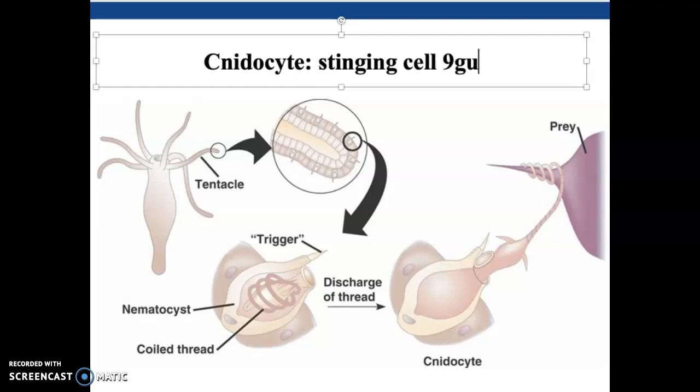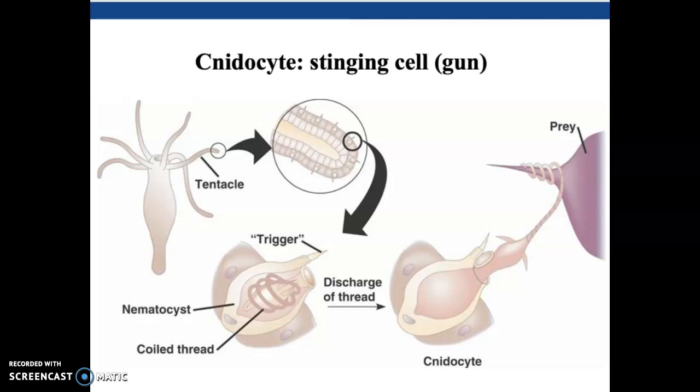I want you to think about it as a gun. The stinging cell, or the gun, can shoot out little harpoons, little bullets, little things that don't feel so good, called nematocysts. The nematocyst, and I'll cover this more in a few minutes, is the thing that gets discharged. So the key defining feature of Cnidaria is the presence of cnidocytes.